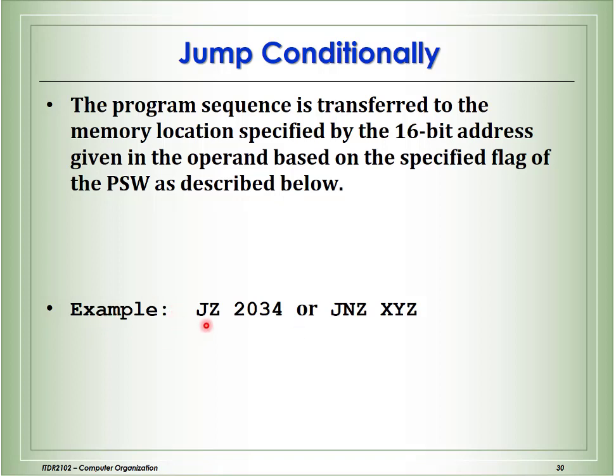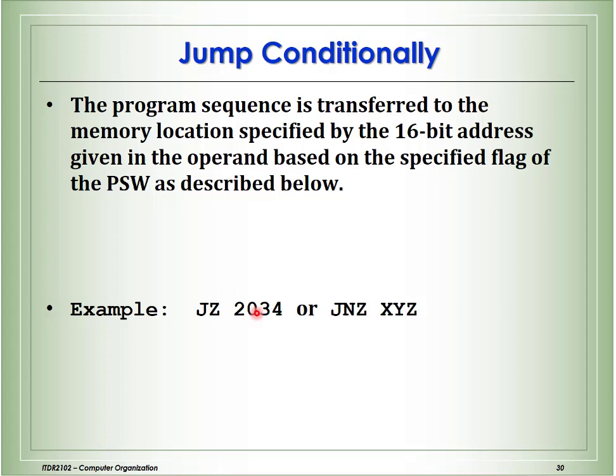So see here, jump if 0. Now the condition is here: jump to this address if the condition is satisfied. If the condition is 0, then we can jump here.